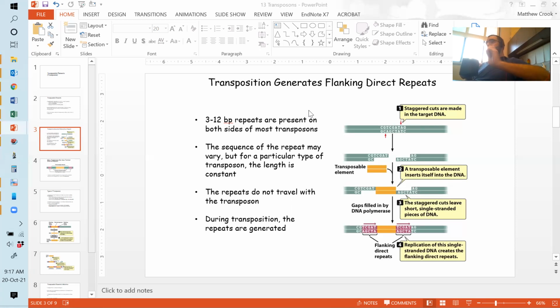So the site is specific to the transposon. Some of them have longer recognition sites. Some of them have shorter ones, right? Obviously, the shorter the site, the more frequent you'll find it just by random chance in the genome. So the more potential sites per transposition there are.